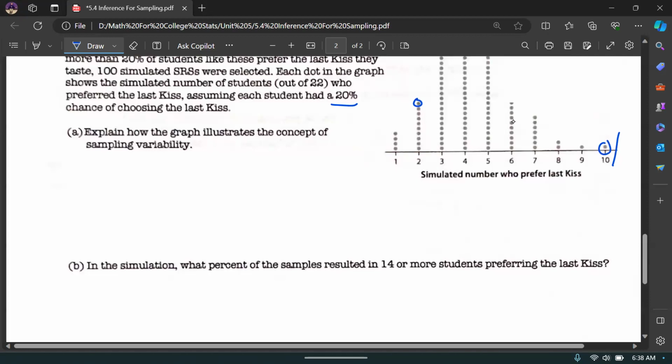So A, explain how the graph illustrates the concept of sampling variability. All right. I'll read this one and write this one at the same time.